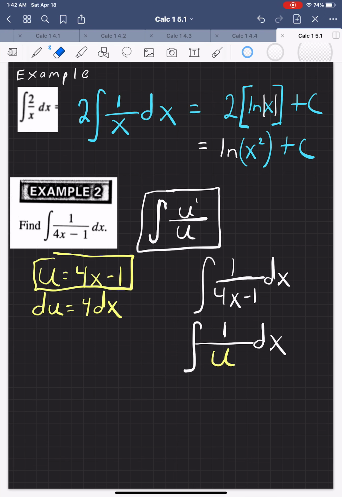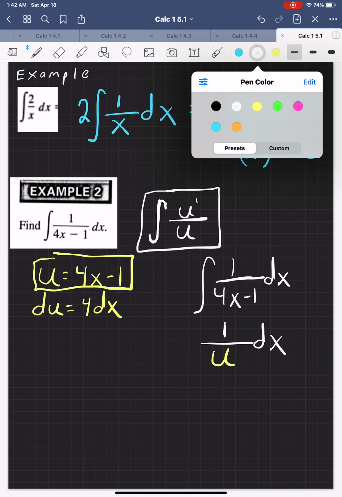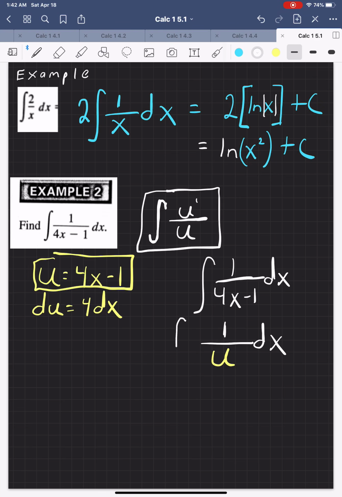Well, you remember how to do this. If you're missing the 4, not a problem. I can multiply by 4 as long as I'm willing to divide by 4 at the same time, right? 4 divided by 4 is 1.